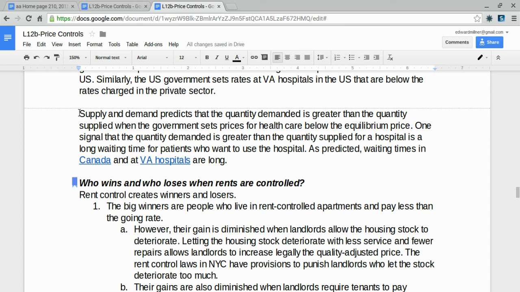As predicted, waiting times in Canada and the VA hospitals are long, and I've got links in the notes that give you statistics about waiting times in Canada and the VA hospitals and show you that they are much longer than the wait times for people in the U.S. who are working in a less regulated environment.